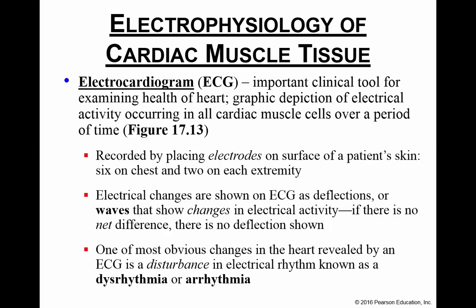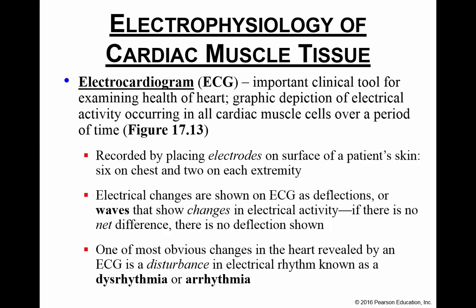An electrocardiogram, or EKG is what we call it here, or ECG is technically correct. The K is from German words. This is how we can examine the electrical activity in the cardiac muscle cells. And they put electrodes on the surface of your skin.